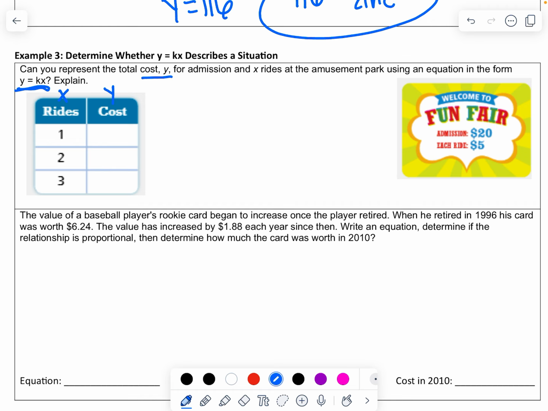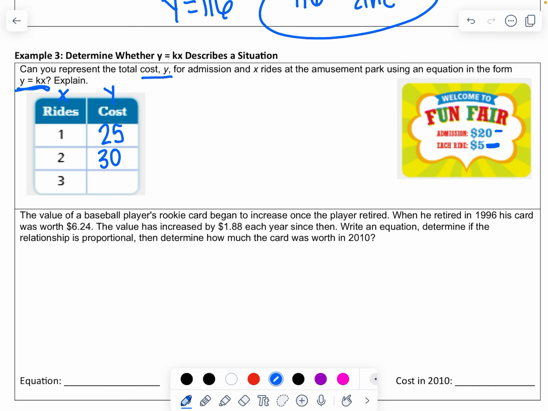So if we ride one ride, that's $5, but it costs $20 to get in. So our admission plus one ride would be $25. To ride 2 rides, so 2 rides would be $10 plus the admission, that's $30. For 3 rides, that would be $15, and then plus admission, that would be $35.